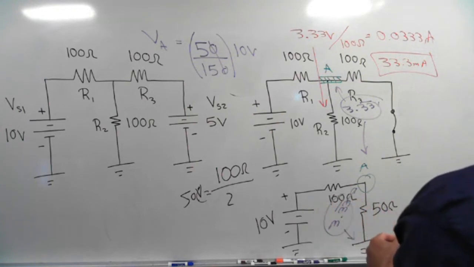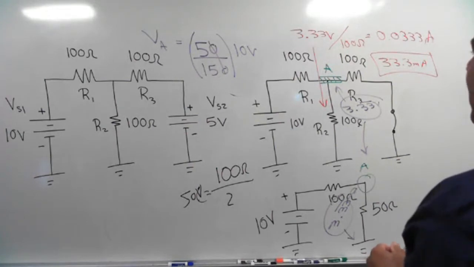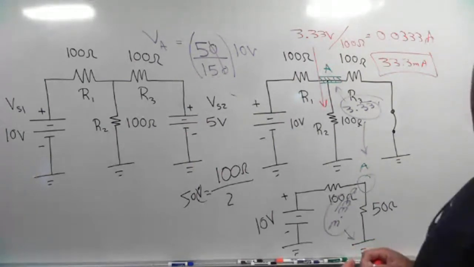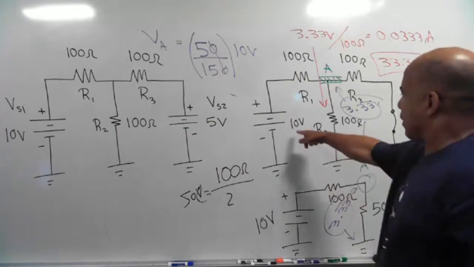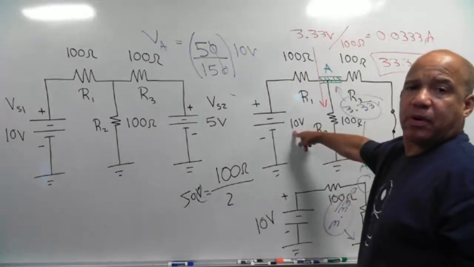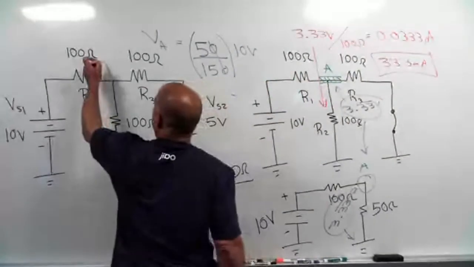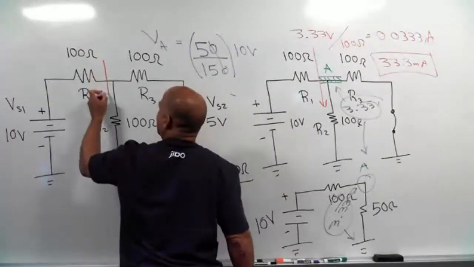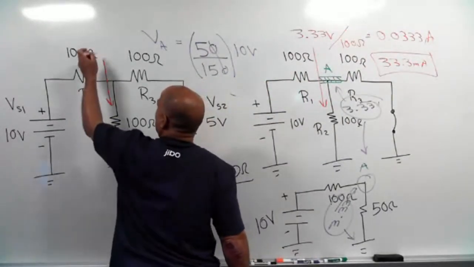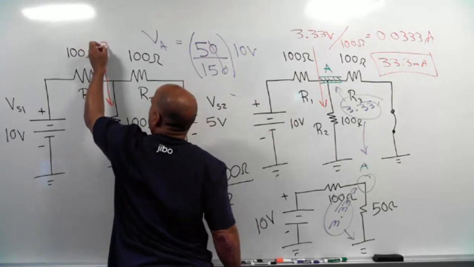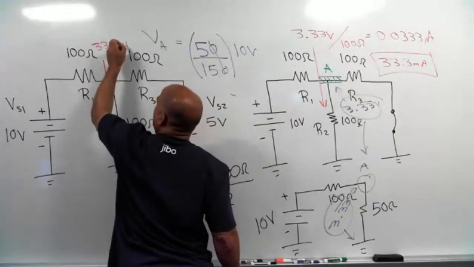You guys see how we did that? I have 33.3 milliamps. That's a contribution from VS1, the 10-volt source. I have, in this direction, from this voltage source, 33.3 milliamps.